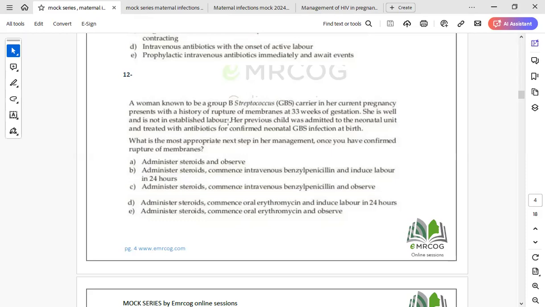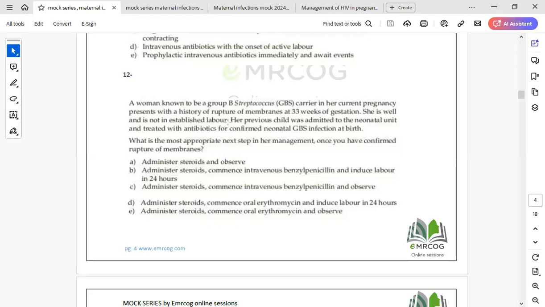But it would differ if she is not having rupture of membranes and she is carrying GBS in the pregnancy. In this case, I need to know the status of the baby to give her options. But let's see this patient first. Okay, she is 33 weeks.